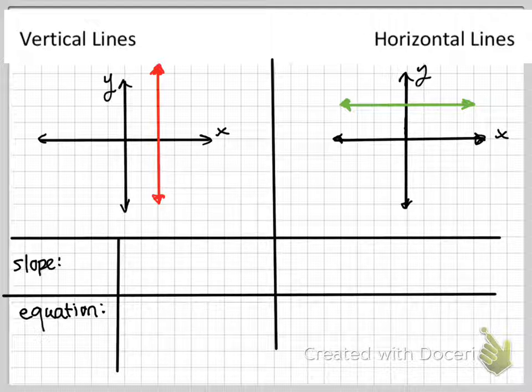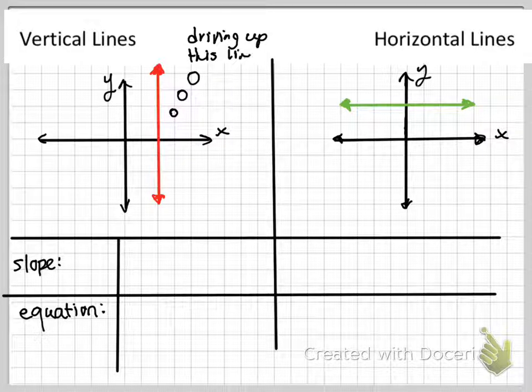It is straight up and down. So what is the slope of this line? What I always tell my students when I teach this in face-to-face classes, I tell them to think about driving up this line. If this were a road, what would happen if you tried to drive up this line?